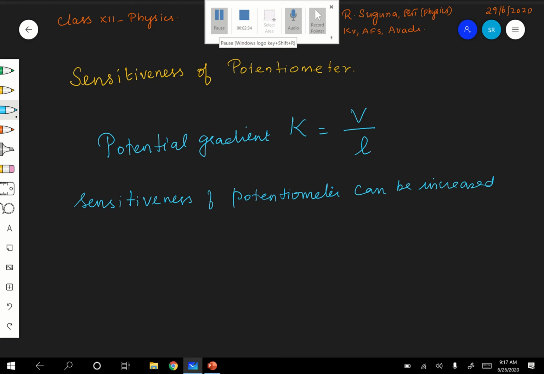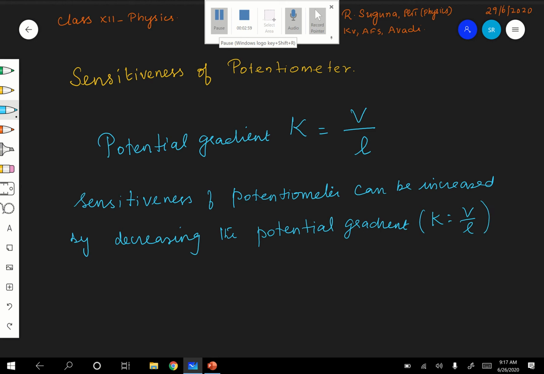Very important, it is a very common question. It can be increased by decreasing the potential gradient. Potential gradient, that is K, equal to V by L.